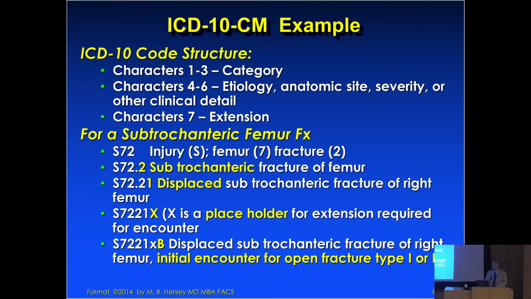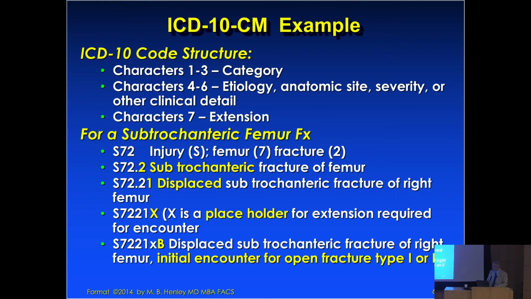Let's look at an example of the structure of ICD-10. This is for a subtrochanteric femur fracture. If you remember, the S72, or the first 3 characters, are for category. S is from the injury chapter, 7 denotes femur, and 2 is a fracture. The point 2 says the location, a definition of increased specificity.